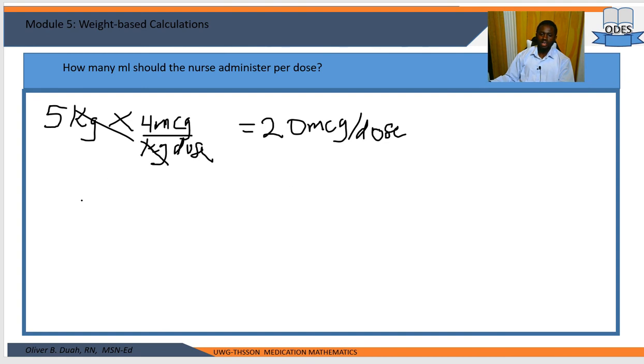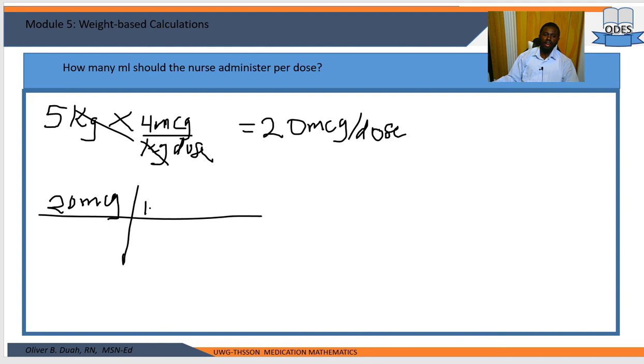We have a medication that is 1 milligram per 10 ml. That means we will have to convert this microgram to milligram. So let's use dimensional analysis. We have 20 micrograms, but we know that in each milligram we have 1,000 micrograms.